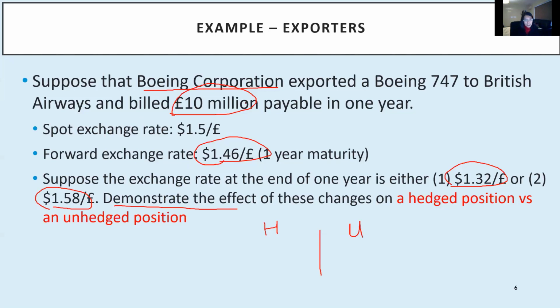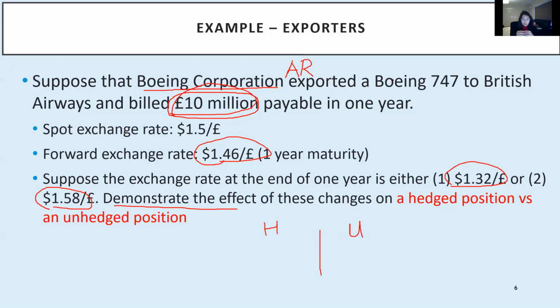So this is a receipt for me, yeah, because I'm exporting to my foreign trade partner. I'm going to receive this much in the future, okay? So in this case, if I have an account receivable, I'm going to be receiving the foreign currency.